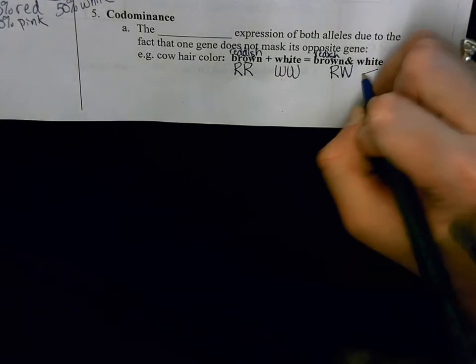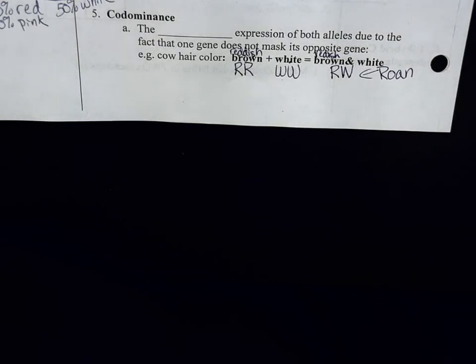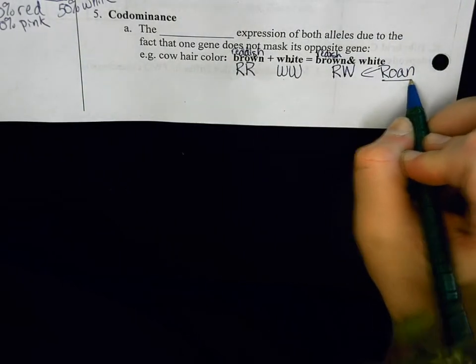So there's no blending. Both original phenotypes, or colors or appearances, will simply show up in the offspring. So you get a mixture of usually two phenotypes just being there. They call these cows that have the red and white speckled hair coats roan cows.